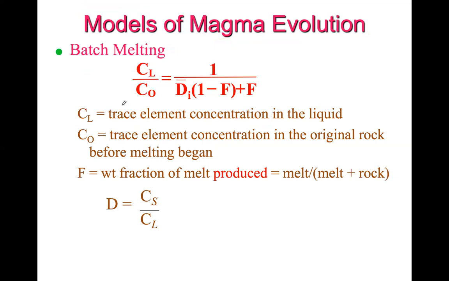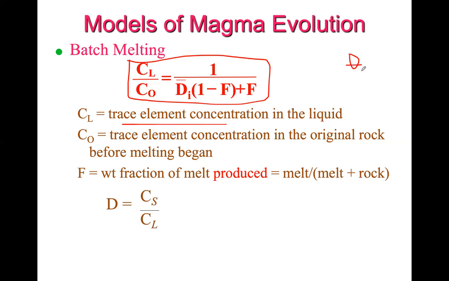There are some equations generated experimentally to calculate the concentrations of elements, for example the trace element concentration in the liquid, because you have two phases: magma and the residual solid. The distribution of an element between these two phases can be variable, and its proportion is given in terms of the partition coefficient and the degree of melting, the fraction of melting.